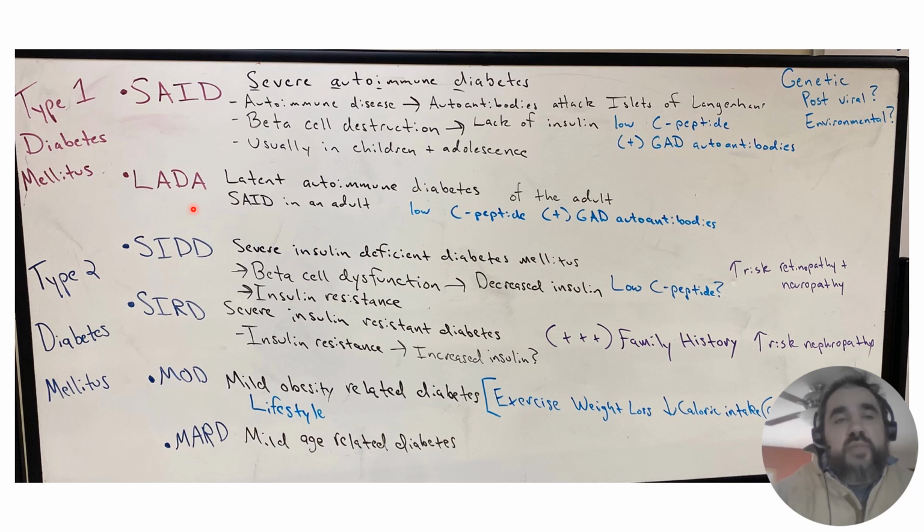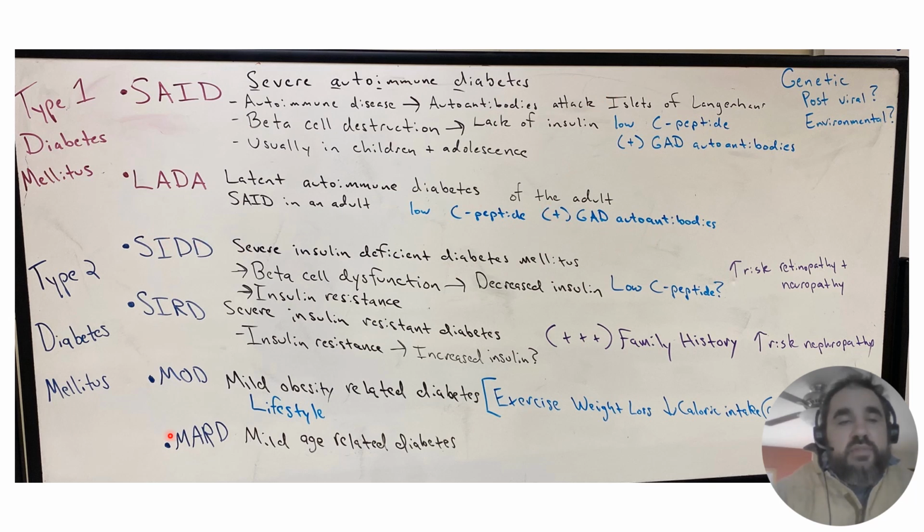It's exactly the same as SAD, with a little bit longer time to onset basically, but adults can develop type 1 diabetes just like kids, at a much lower rate, but it can happen. So here, same thing, low C-peptide because we're getting minimal insulin release, and then positive GAD autoantibodies.